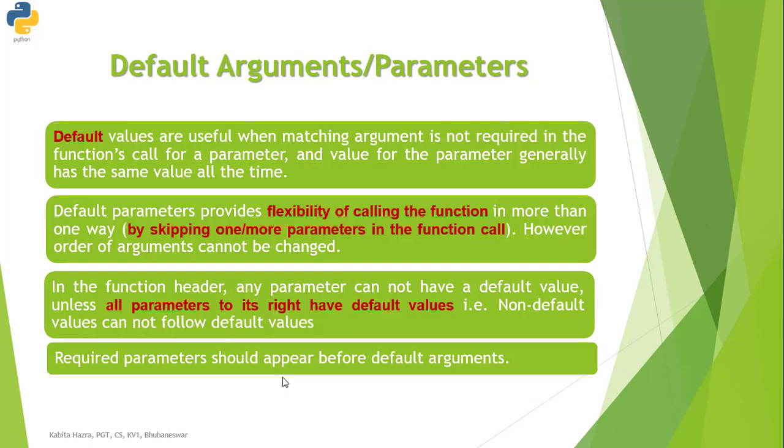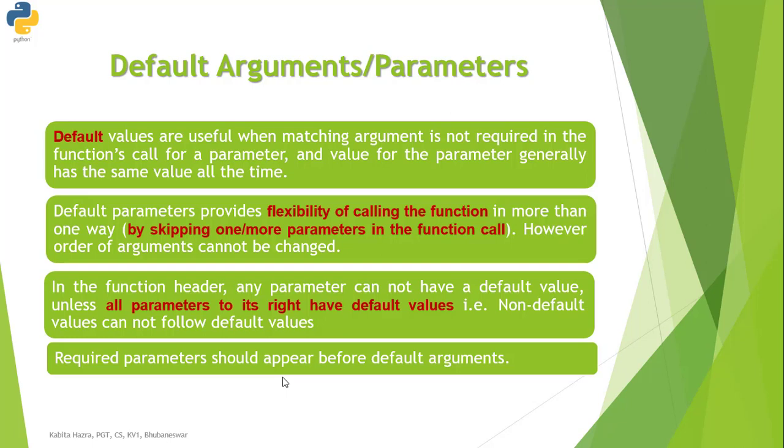Next, let us discuss default arguments or default parameters. Default values are useful when we try to match arguments without actually specifying all the parameters. For example, in the previous example, in simple interest, we require 3 parameters: principal, rate and time.